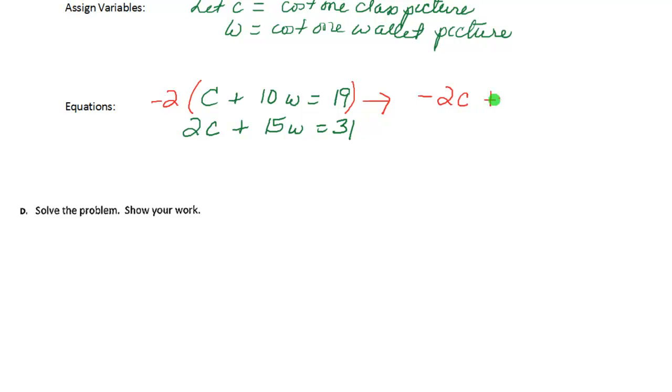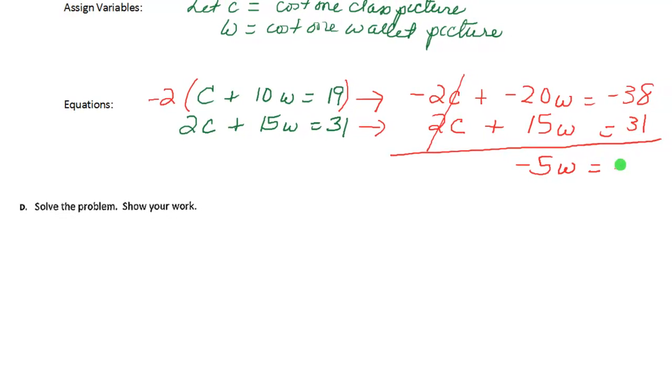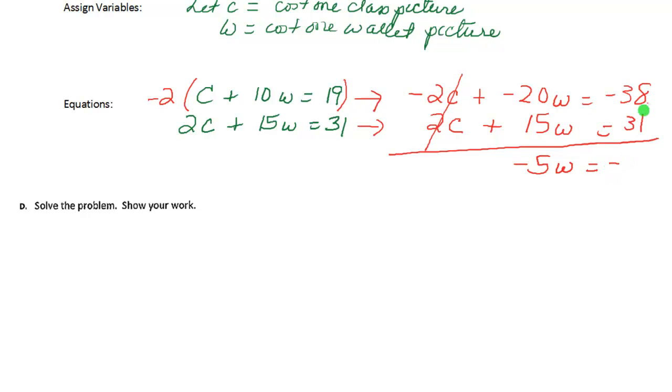Negative 2C plus negative 20W equals negative 38. Then this one can be unchanged, so just rewrite it right underneath. And then we're going to add, and that cancels these. And so we have negative 5W equals negative 7. That's what it's looking like.